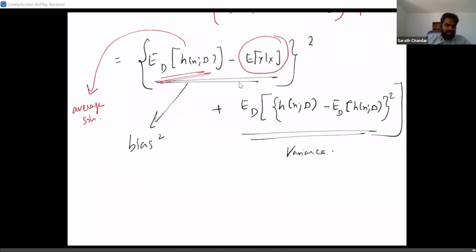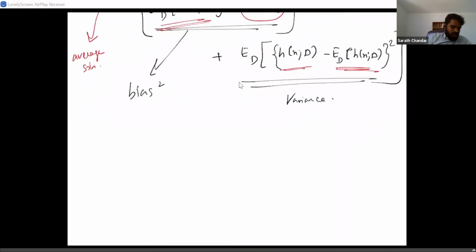What does the variance term say? This is the difference or the gap between the average solution and one specific solution for a data set. For one possible data set, I have an h, and how far is this h from the expected h or the average h for this particular model? That is variance.